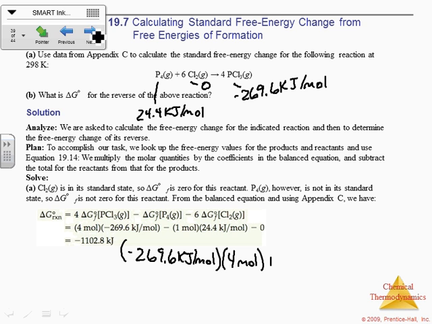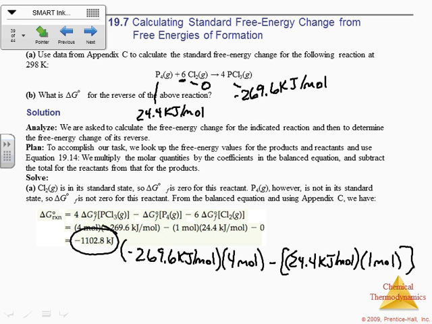And then you subtract that from essentially just the P4, 24.4 kilojoules per mole times 1 mole, if you want to be really careful about how you're showing this here. Okay, so then once you subtract those two from one another, if the chlorine was something other than chlorine, we would have to multiply by the 6 as well. But since it's 0, obviously 6 times 0 is 0. So that's going to give us 1102.8 is the kilojoules for that one.